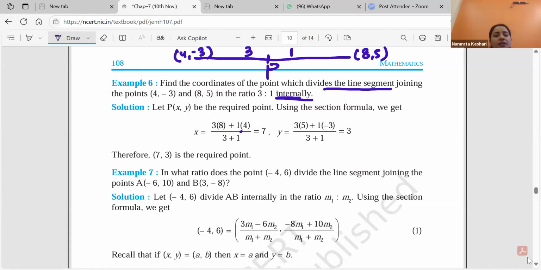Everything we got, but why is internally written over there? Just to inform you that there are cases which are not internal, which you will do in future.